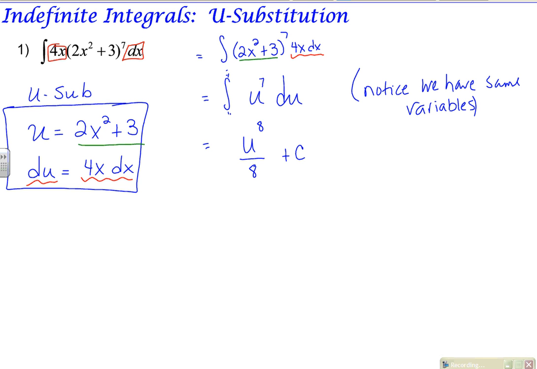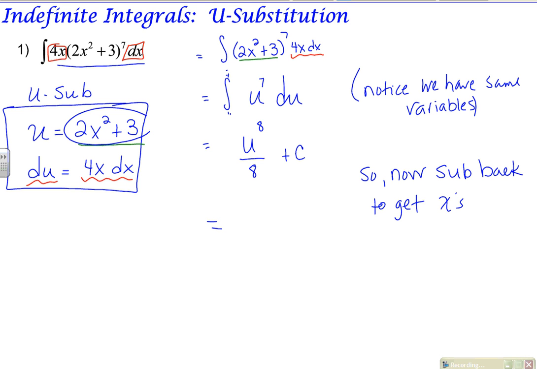But I wasn't working with u's originally. I was working with x's. So now sub back so that we can get into x's. We want to get x's worked back in, so we're going to sub this back. And u originally started as 2x squared plus 3.